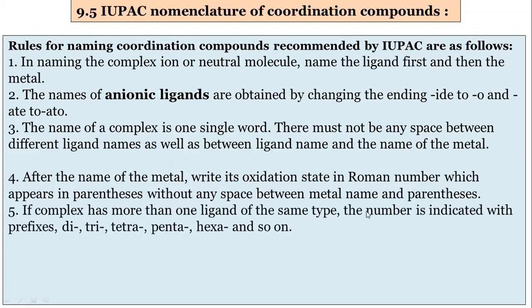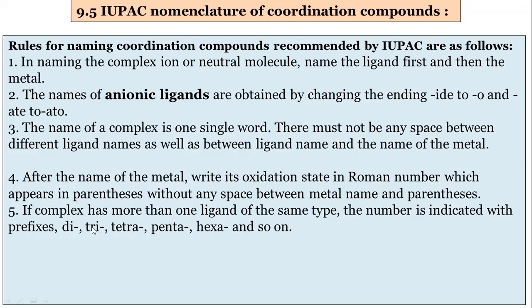So what is rule number 5? If the complex has more than one ligand of the same type, then the prefix is di, tri, tetra, penta, hexa, and so on. This is very simple. If 6 ammonias are there, we call it hexaammine. If 2 chlorines are there, you call it dichloro.